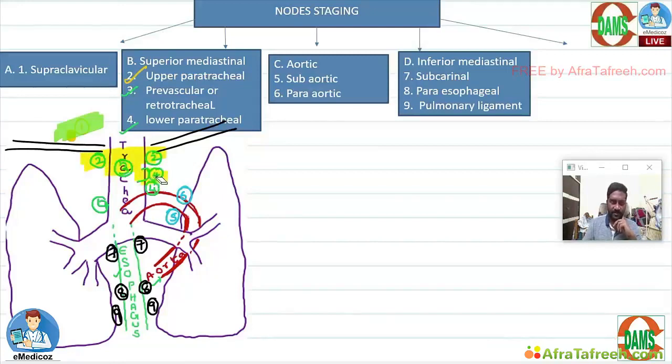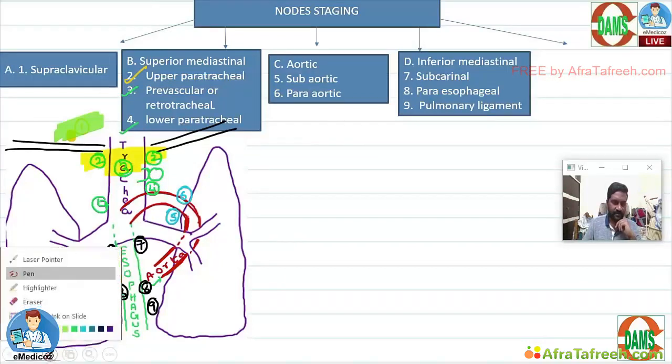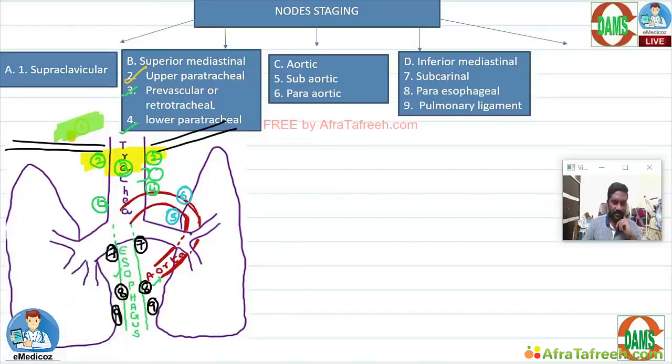This prevascular or retrotracheal will have the same number, number 3. Either prevascular or retrotracheal or both can be present. Prevascular is generally in front of the trachea, and retrotracheal generally behind the trachea.